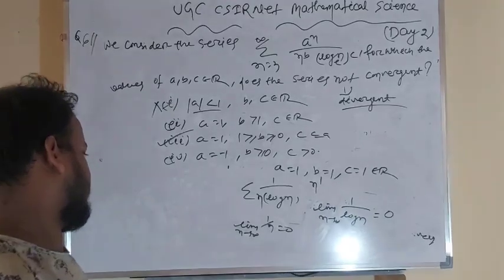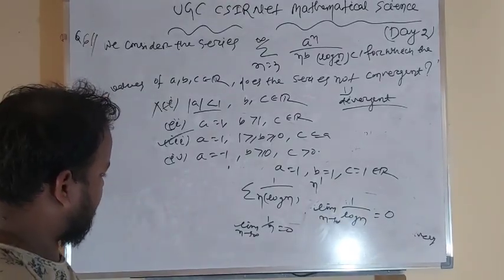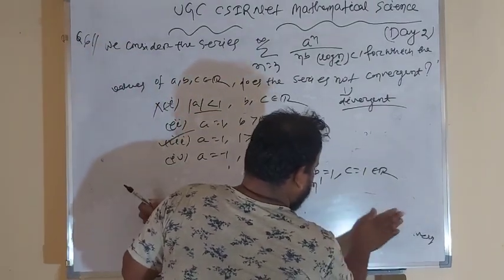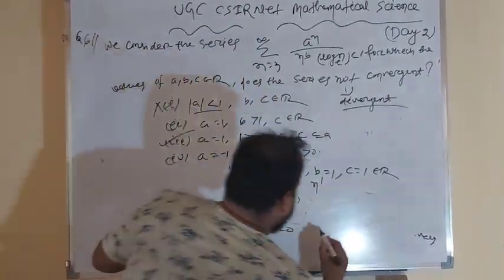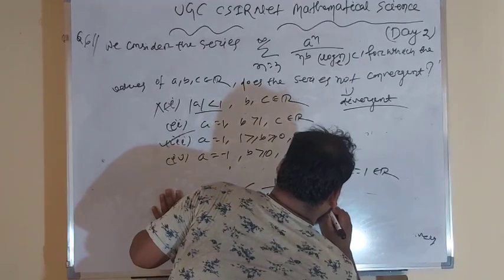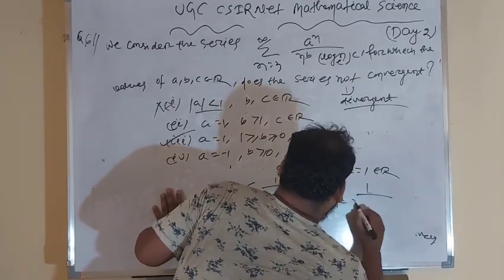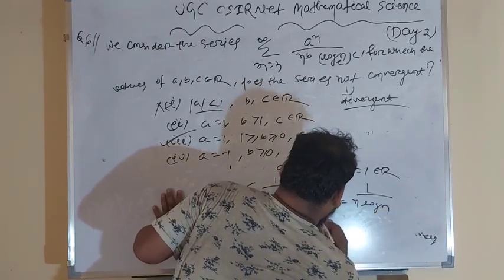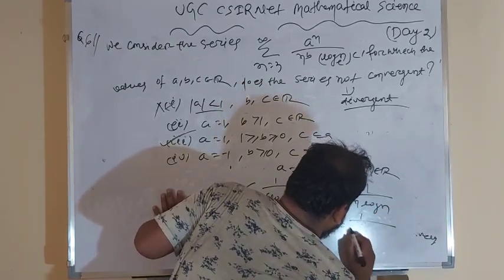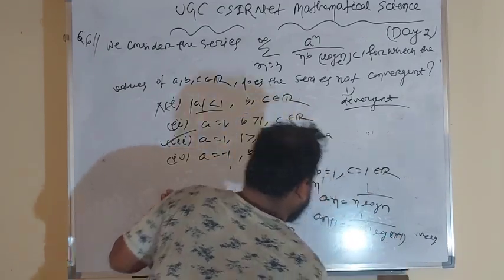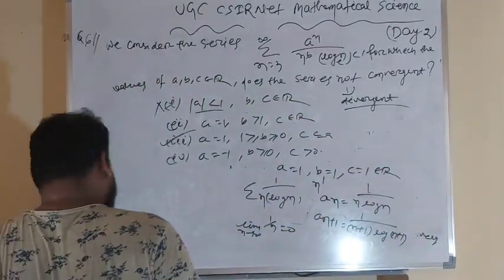But this is not the same term. Suppose we check this series: the n-th term is 1 by n log n, then the n plus 1 term is 1 by n plus 1 log n plus 1. Now check this ratio test.